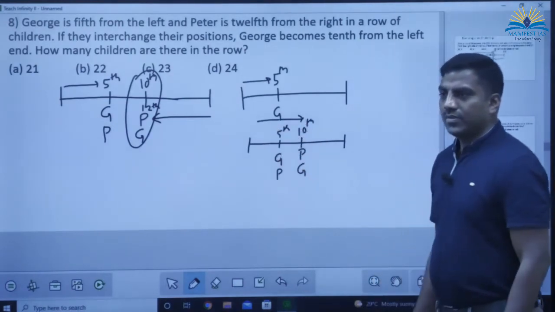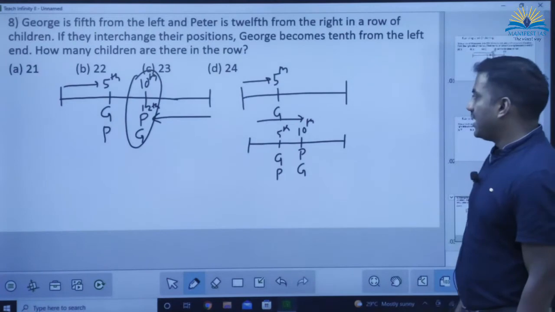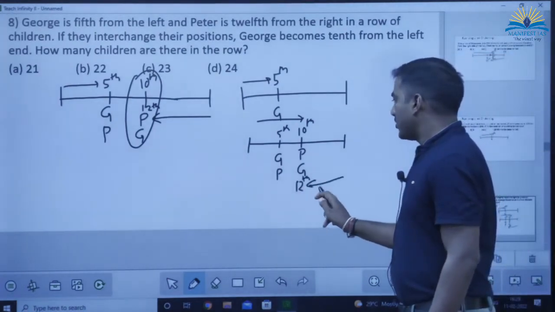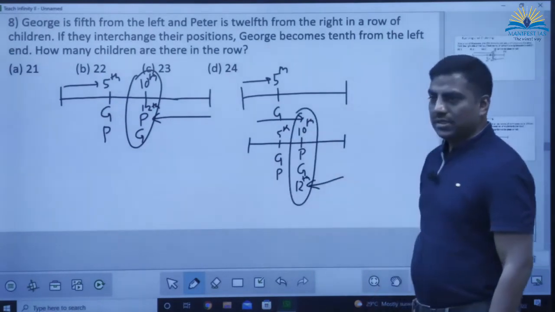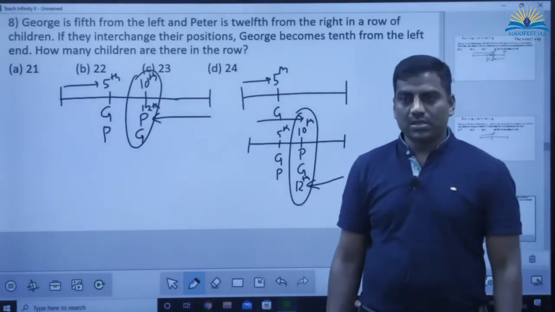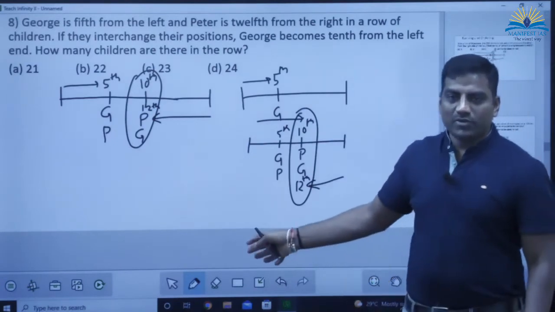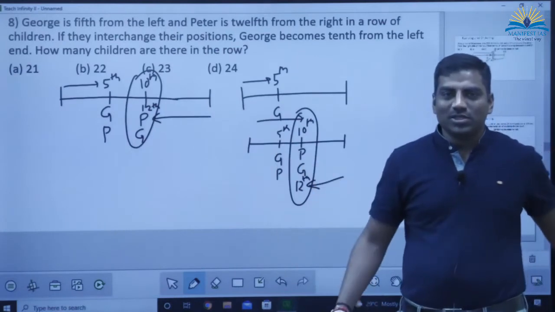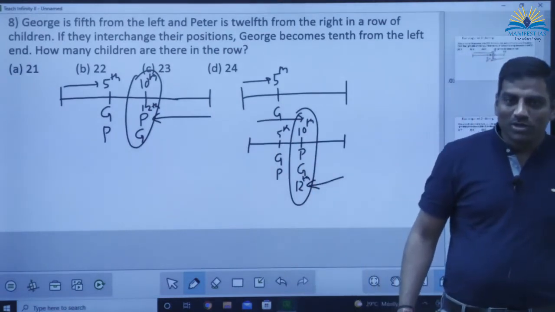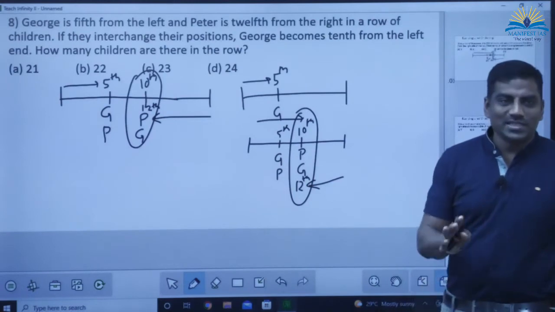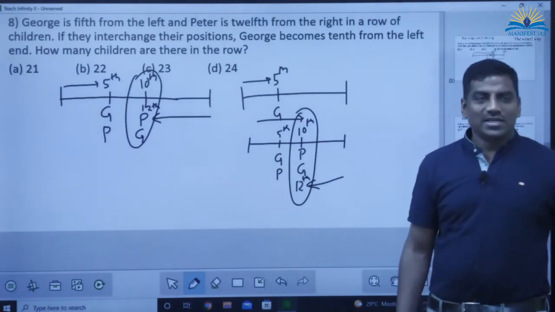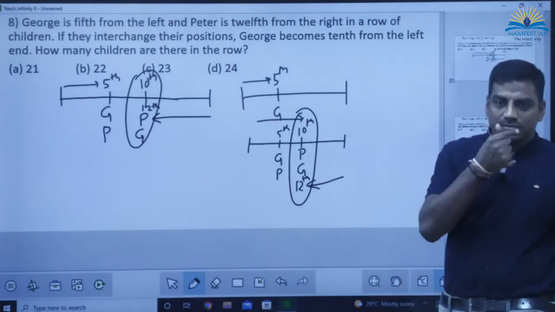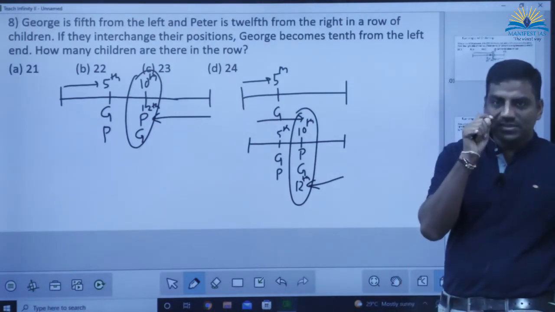Then they have also given the other data, this is 12th from right. Then I have considered this place. This is 10 plus 12 minus 1. Now you write whatever you want to write, as if there is some constitution that you want to repeat. It's all in understanding. It is all in logic. Yes? No? Yes?